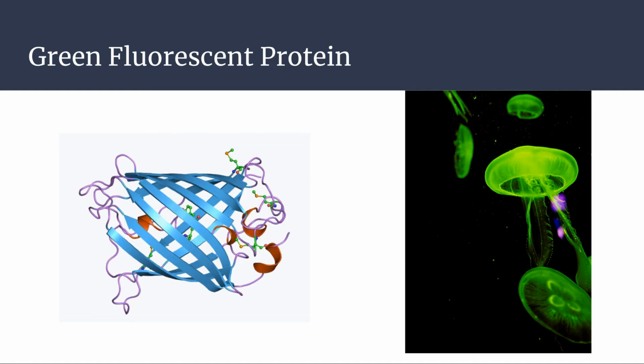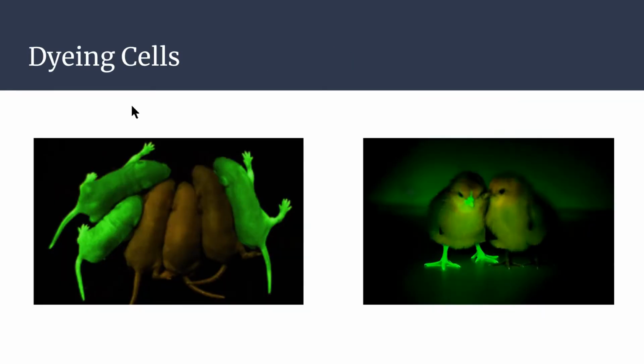So here are some examples. For instance, in the image on the left, you can see that pretty much all of the cells in the mice on the far left and the far right are producing whatever protein that this molecule has been bonded to, whereas the mice in the middle are not.